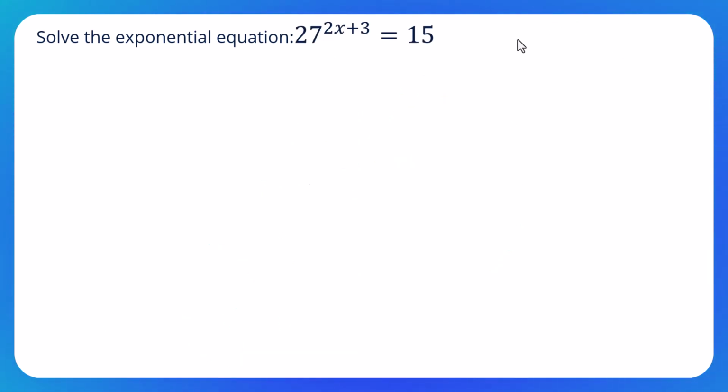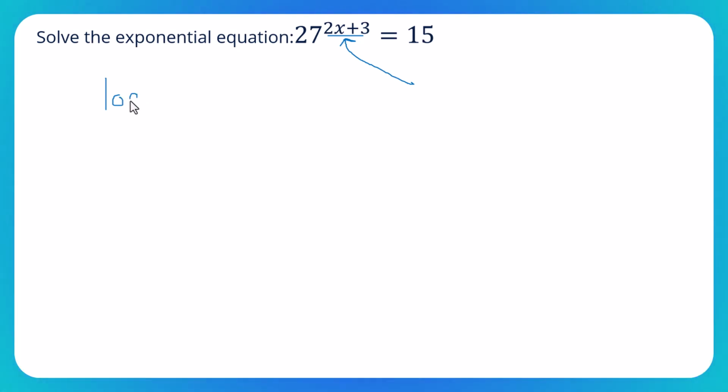All right, on this next problem, we're asked to solve the exponential equation 27 to the 2x plus 3 equals 15. When you have a variable in the exponent, in order to undo that exponent, we need to go to logs. So we need to take the log of both sides.